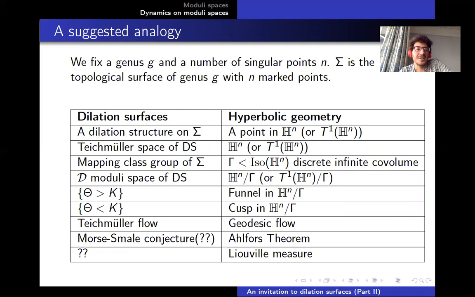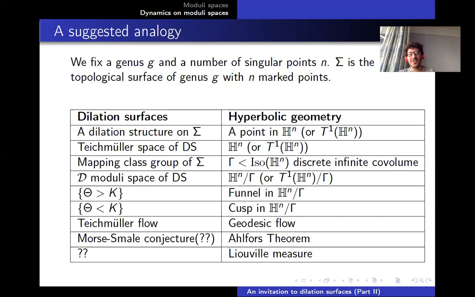Then we have the Teichmüller space of dilation surfaces, the set of moduli of dilation surfaces, which would be equivalent to either the hyperbolic space or the unit tangent bundle of the hyperbolic space. The mapping class group would be the Kleinian group associated to the discussion, and the moduli space would be the quotient of the hyperbolic space by this Kleinian group.